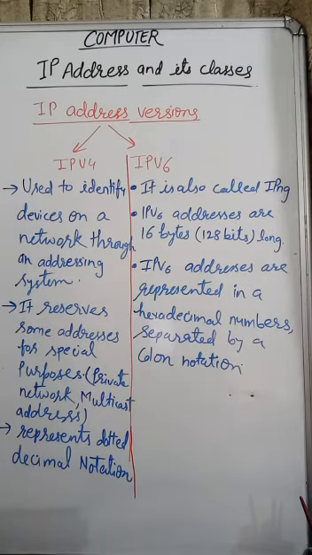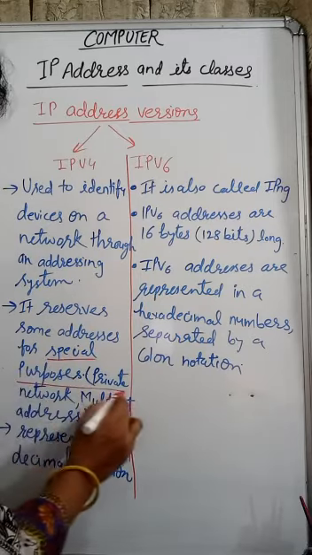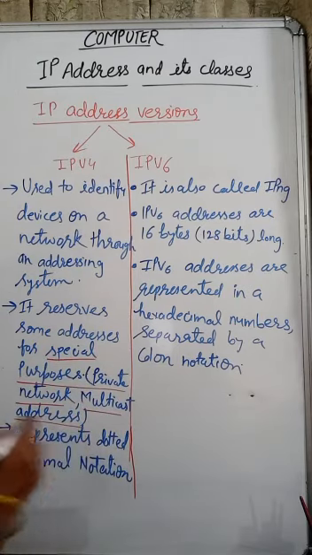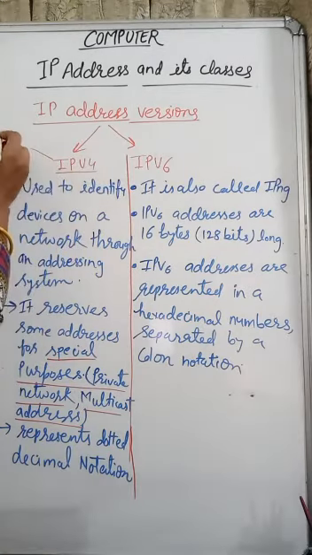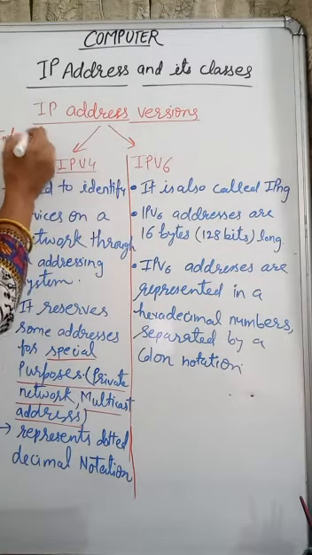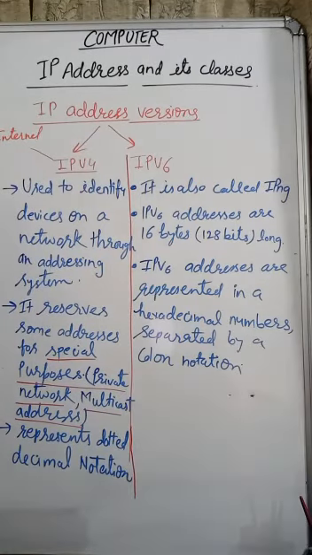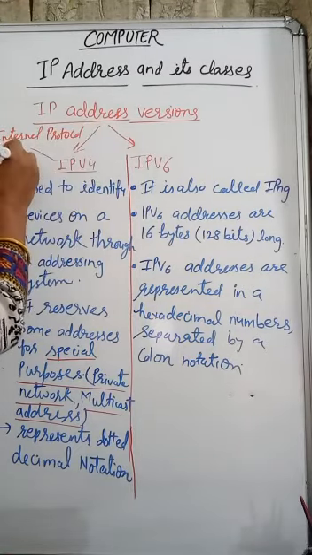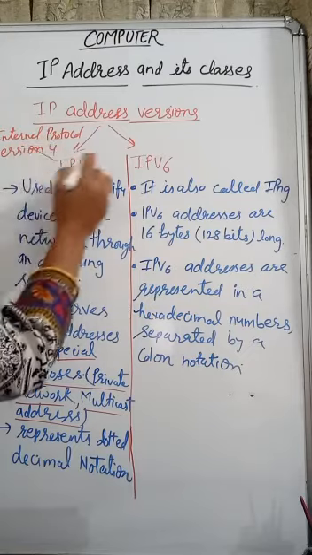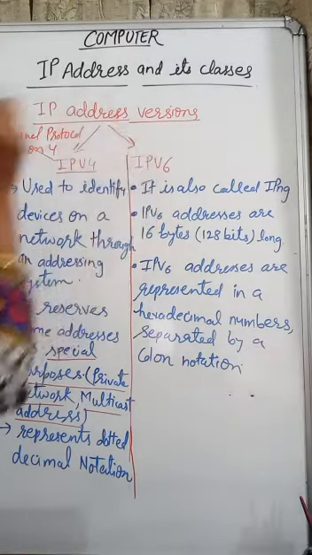It reserves some addresses for special purposes like private networks or multicast addresses. IPv4, Internet Protocol version 4, represents dotted decimal notation. And this one is Internet Protocol version 6.